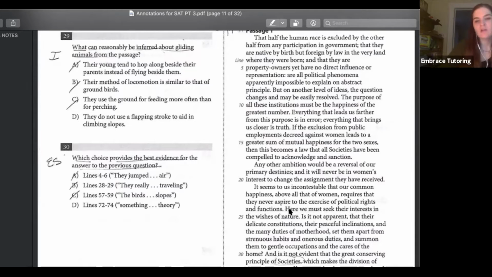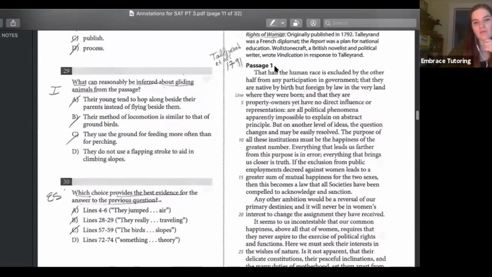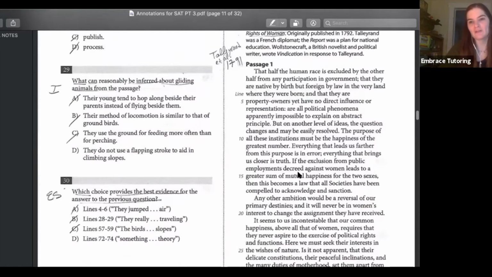So thinking about Talleyrand in general, he is really talking about this need for change, this acknowledgement, which is very gradual, and change doesn't happen overnight.